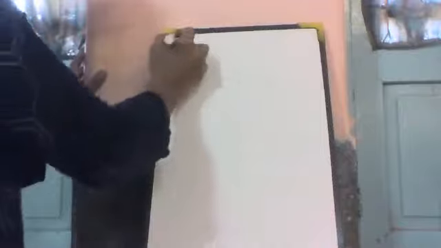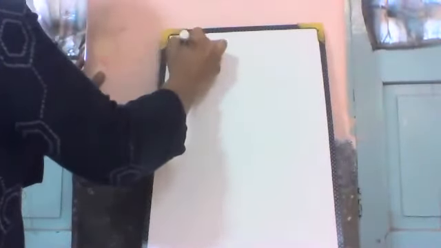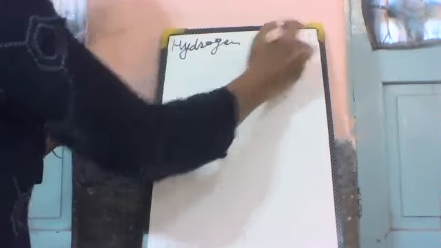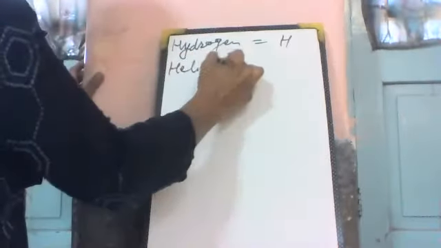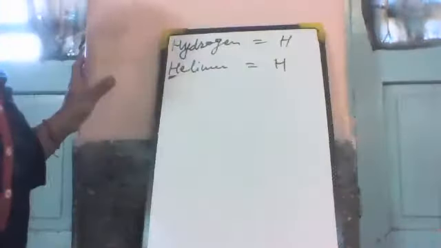Right? See, suppose hydrogen, and the symbol is H. Helium also starts with H. If we give the symbol H, there is confusion between hydrogen and helium.